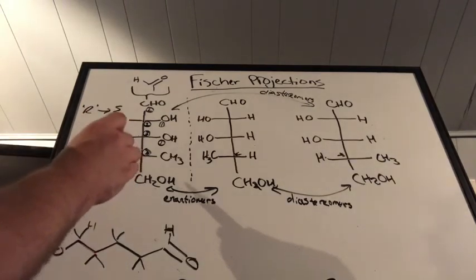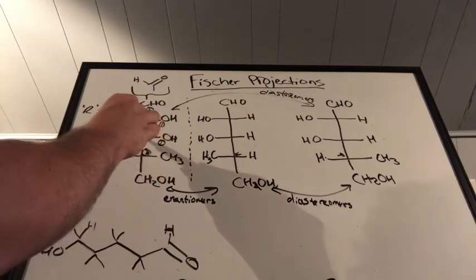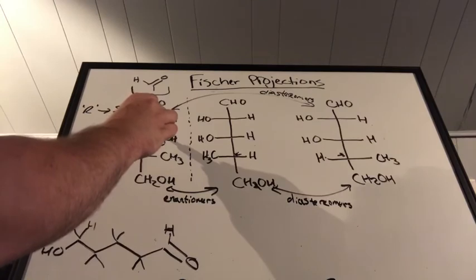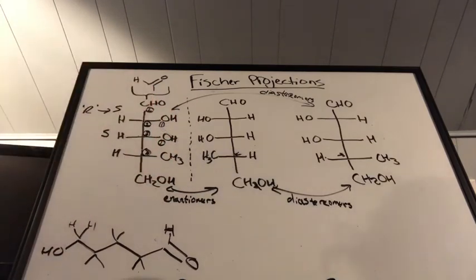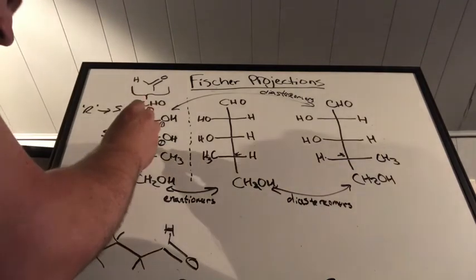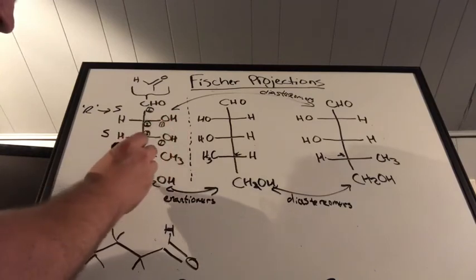Okay, so highest priority is going to be this carbon here, because you have OH attached to it. This also has OH attached, but the tiebreaker is this next carbon. So in other words, this is going to be number 1. This is going to be number 2, and then methyl is going to be number 3.